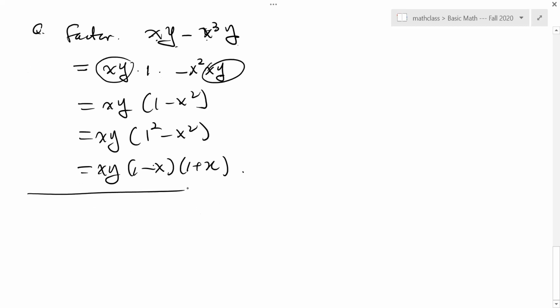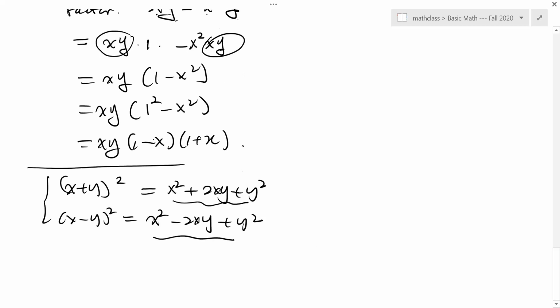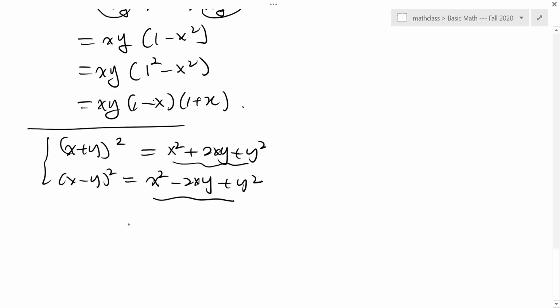So let's look at another formula. We know that x plus y squared is x squared plus 2xy plus y squared. If I change the sign, I get x squared minus 2xy plus y squared. So that means if I see 3 terms, I can go back and express it as a square.